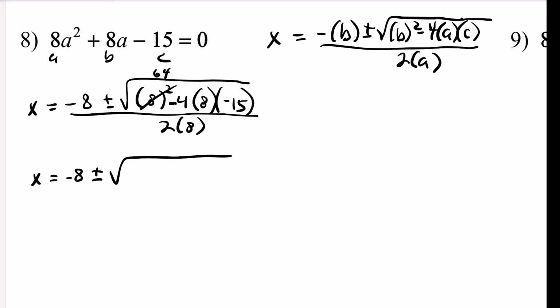Subtract a negative is adding a positive. 4 times 8 is 32. 32 times 15 is 480 plus 64 is 544.